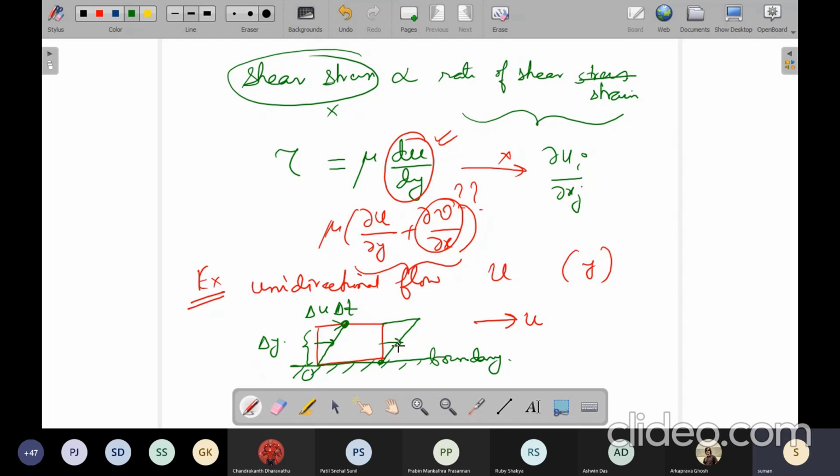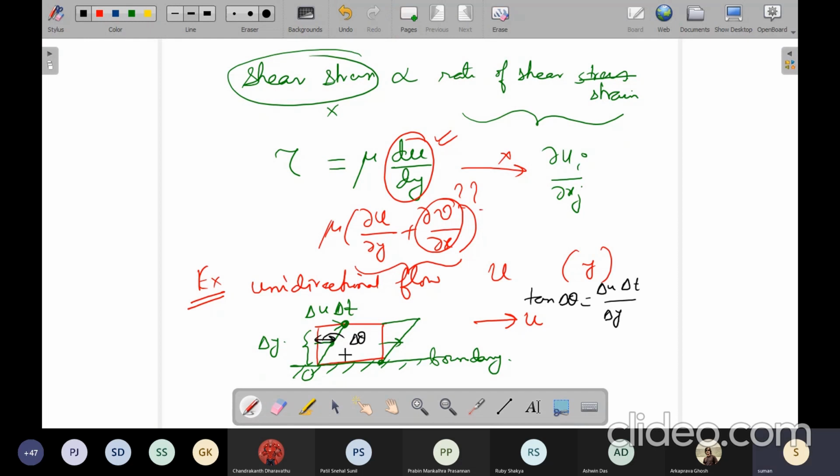So what is this small angle? Let me put up some color here. So delta theta. You have tan of delta theta equals delta u into delta t by delta y.